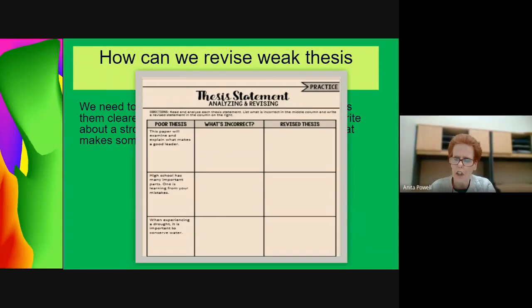What makes a good leader? Okay, what's incorrect here? Why don't we make it more specific? Rather than saying this paper will examine, let's start out with a good leader is, okay, and how do we revise it?